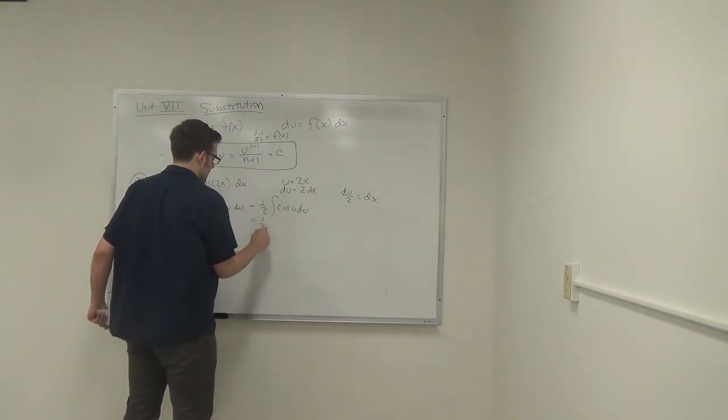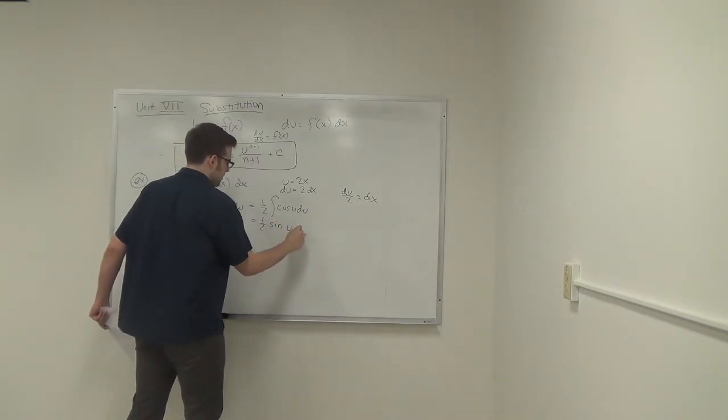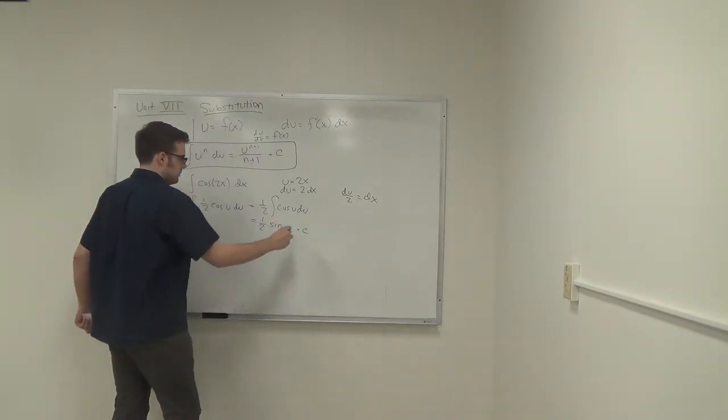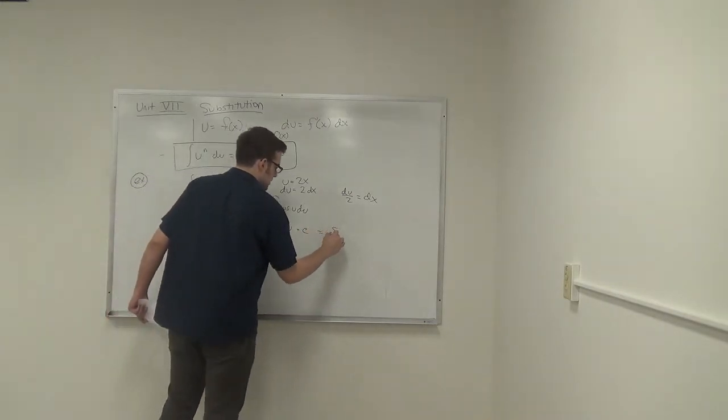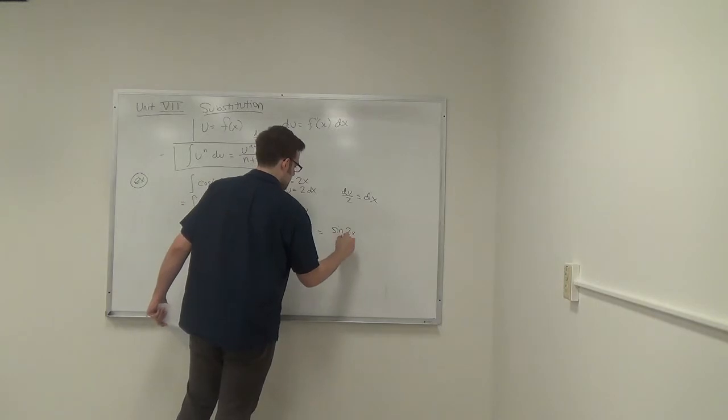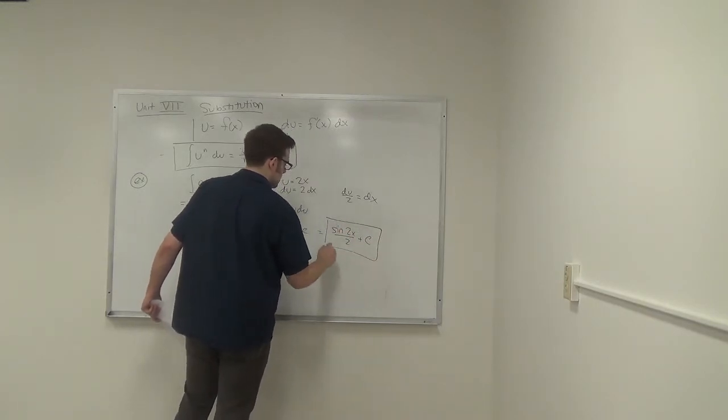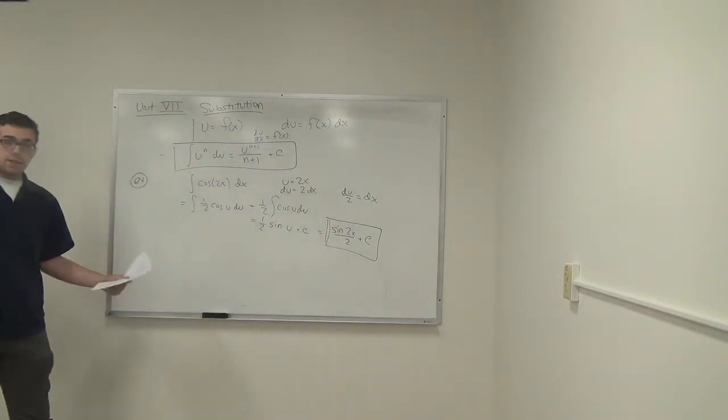So we have 1/2 sine of u plus c, which is equal to, since u is 2x, sine of 2x over 2 plus c.